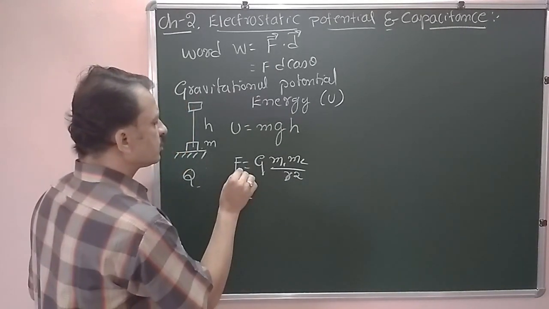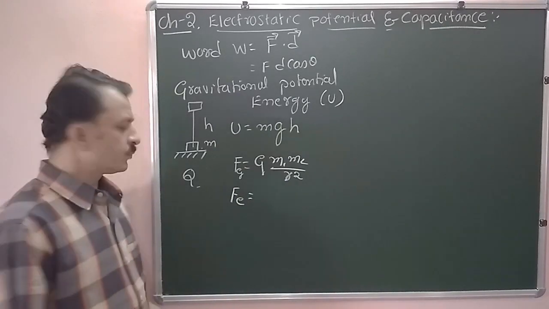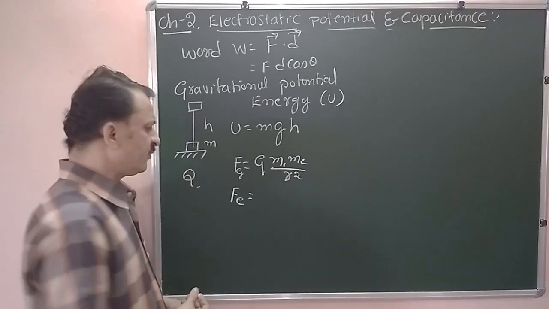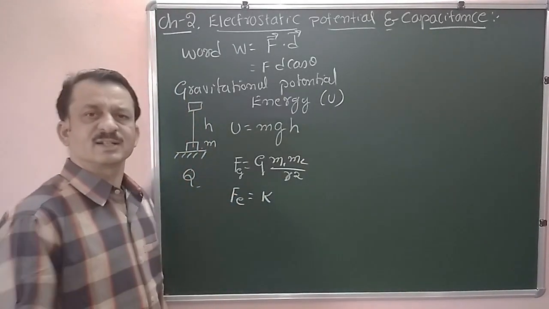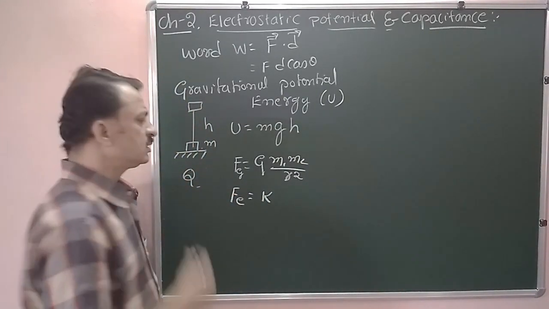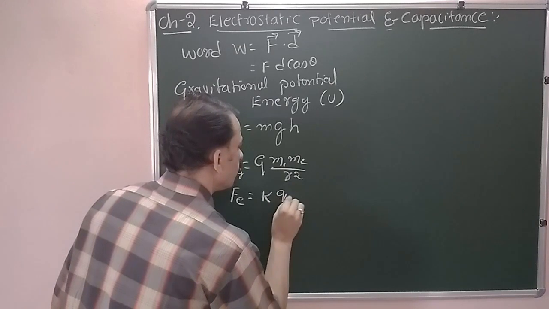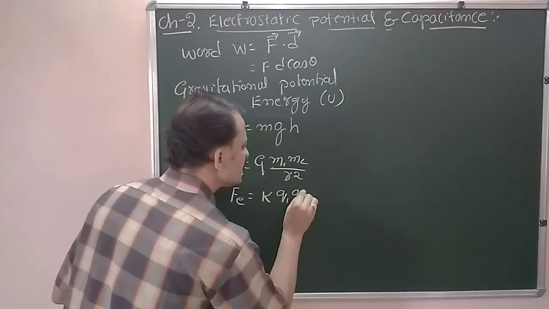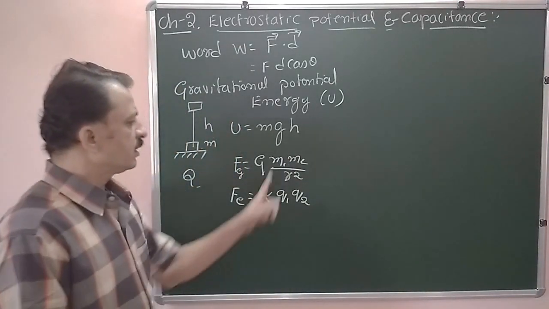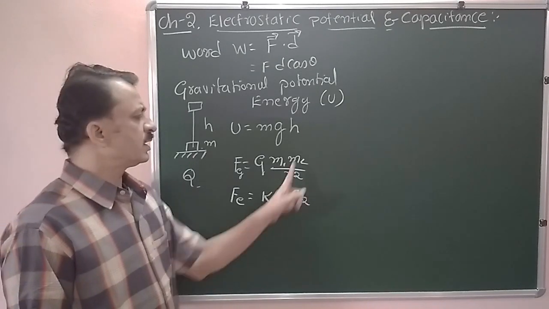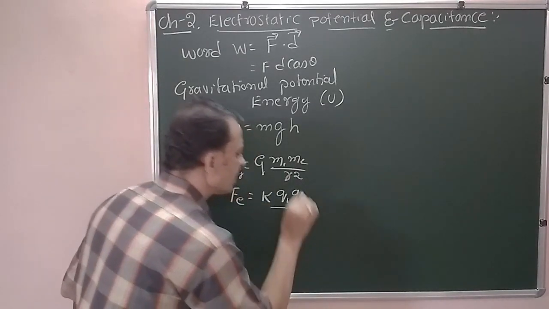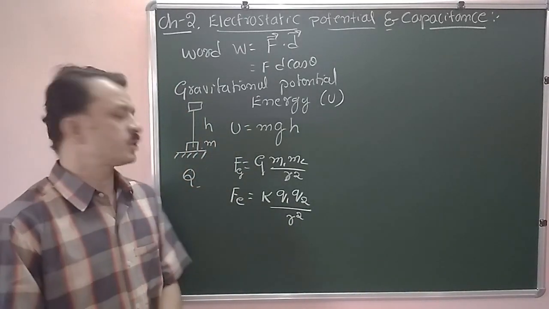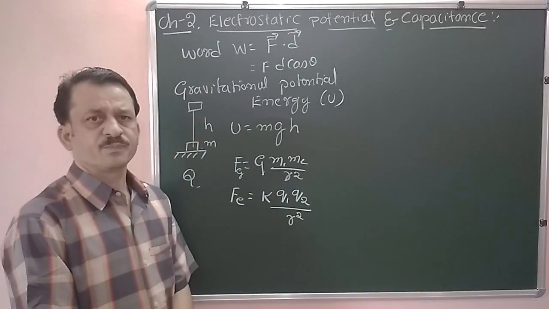Let me write the gravitational force as Fg and electrostatic force as Fe. That is equal to, let me write some constant k, that is we know 1 divided by 4 pi epsilon naught into, now masses are replaced by the charges. m1 is replaced by charge Q1 and m2 is replaced by charge Q2, and r is the distance of separation between the two point charges.